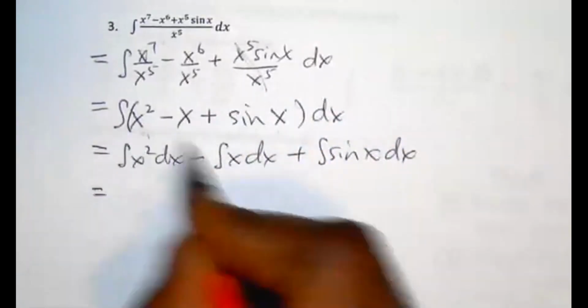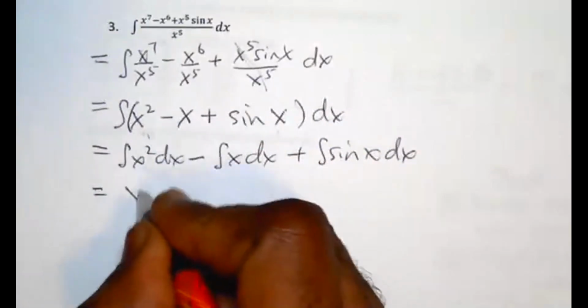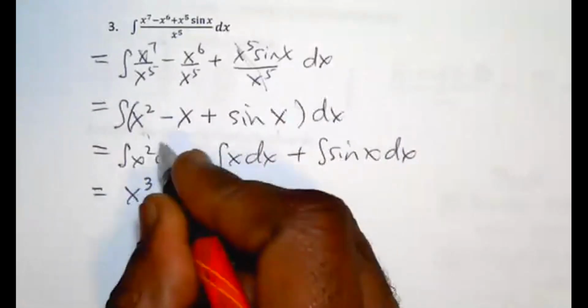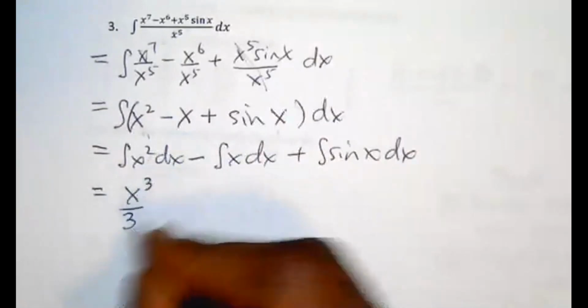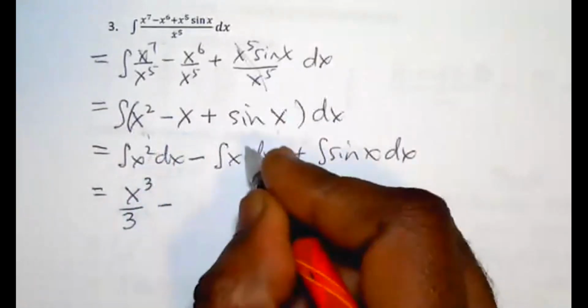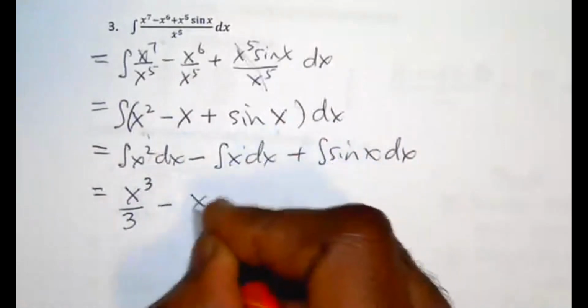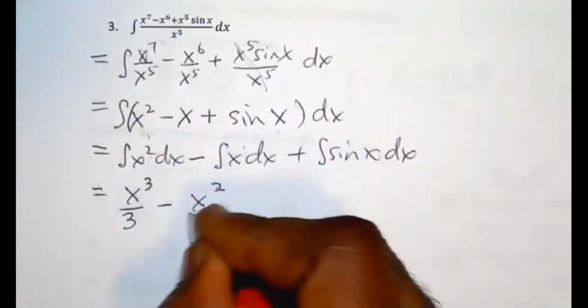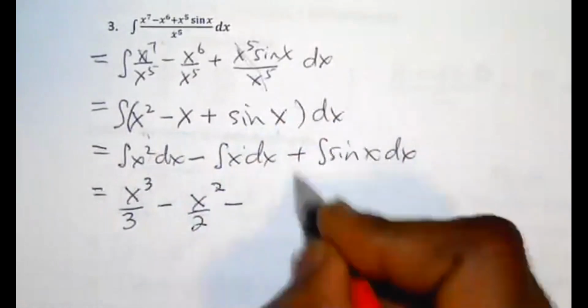And how do you find the integral of x squared? Anti-power rule, add 1 to the exponent, so it becomes x cubed divided by the sum, which is 3. Minus invisible 1 here, so 1 plus 1, that gives us 2, and divided by the sum, which is 2. What's the integral of sine x?